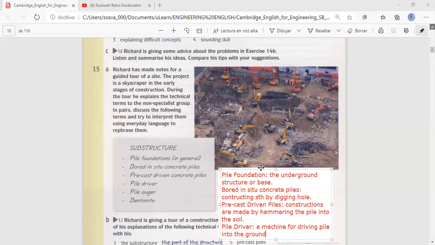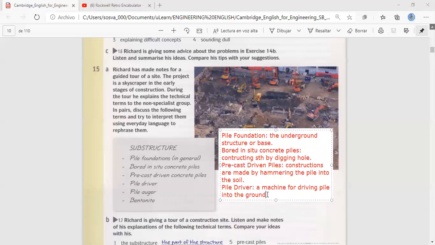I write in here, pile driver is a machine for driving a pile into the ground. What about the pile auger? The pile auger is a component of the pile driver.